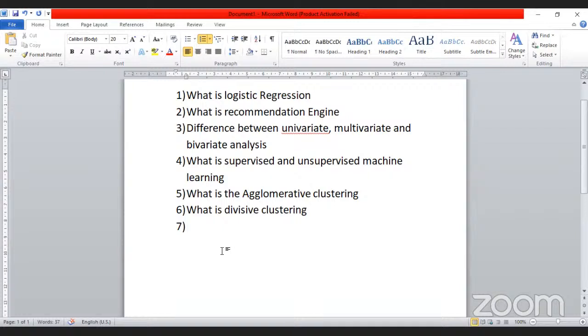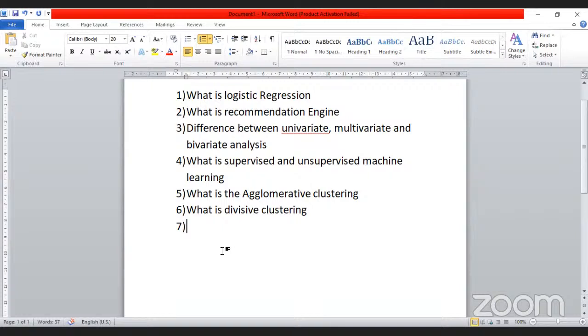We separate the data from the cluster until we form multiple clusters, like one cluster for each data point. Means agglomerative clustering and divisive clustering are exactly opposite. And how we calculate similarities and dissimilarities would be the next question.